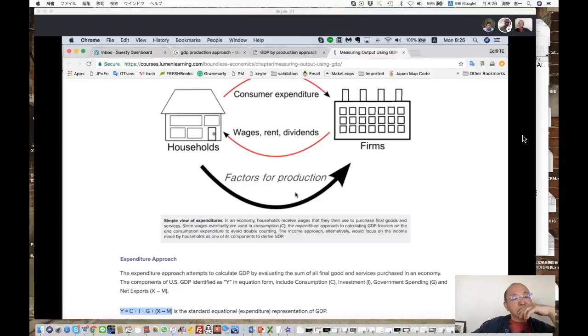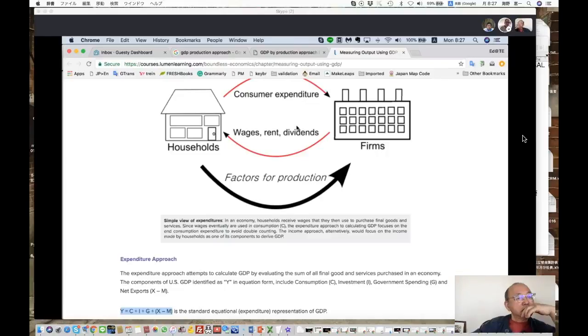Yeah, I understand. But you said final product price. Yep. If the price is higher than the cost, then that means there's a profit. But the profit ultimately, if the people own the firms, goes back to the people. And what do they do with that money? They either consume it or they save it.